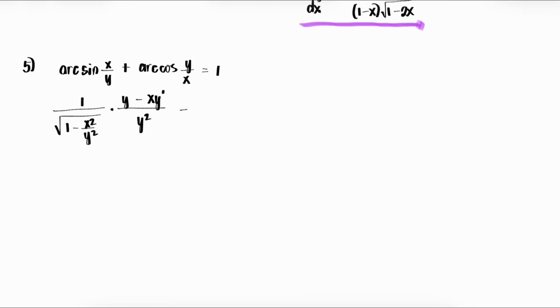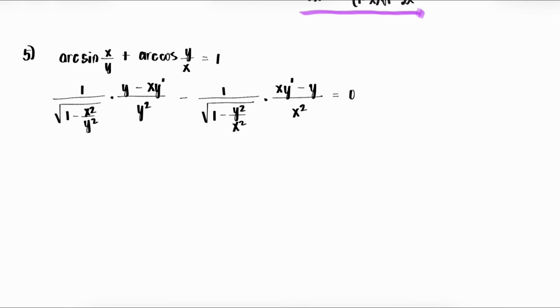So it's a minus of 1 over the square root of, this time, 1 minus y squared over x squared, and multiply it by the derivative. So it's now xy prime minus y divided by x squared, and on the right side it's equal to 0. The derivative of a constant will always be 0.